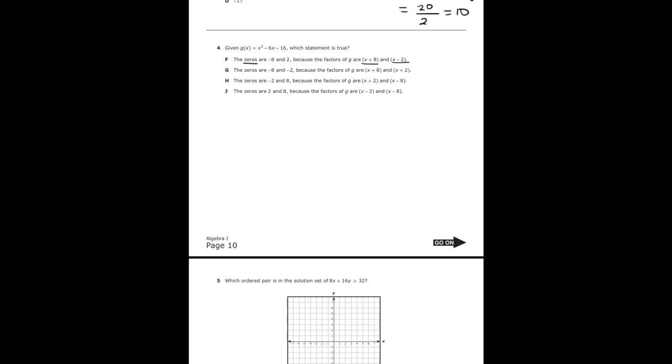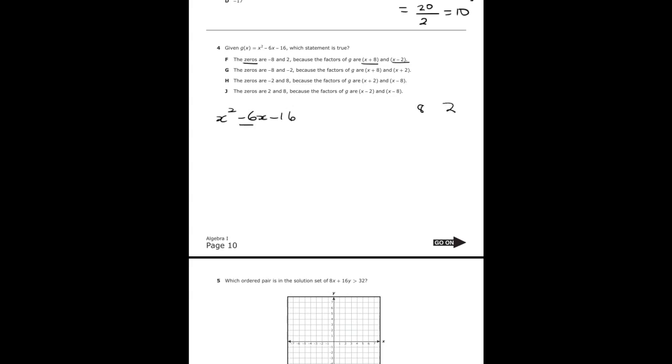Let's start with the expression x squared minus 6x minus 16. What we typically do is look for the factors of negative 16 that have a sum of negative 6. So I'm going to look for 2 factors. Based on what I'm seeing in the answers, I'm going to go with 8 and 2.